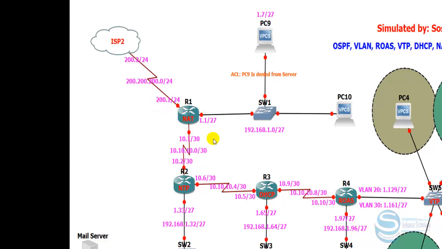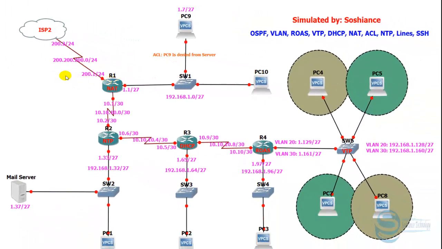Private IP addresses we cannot access remotely. That is why we need the public IP address to access remotely, in order to access the internet, in order to send an email, in order to have communication with the WAN, wide area network. And that is why we need the public IP address.